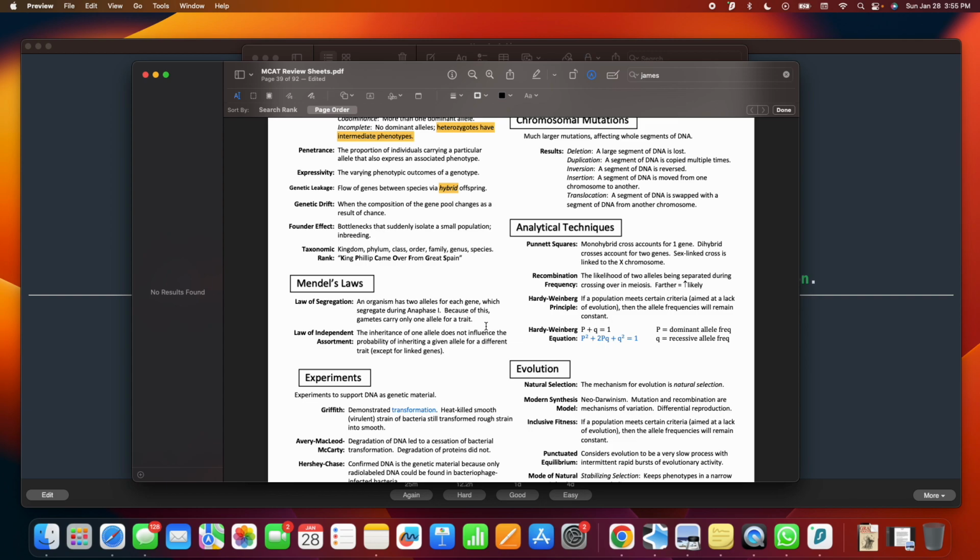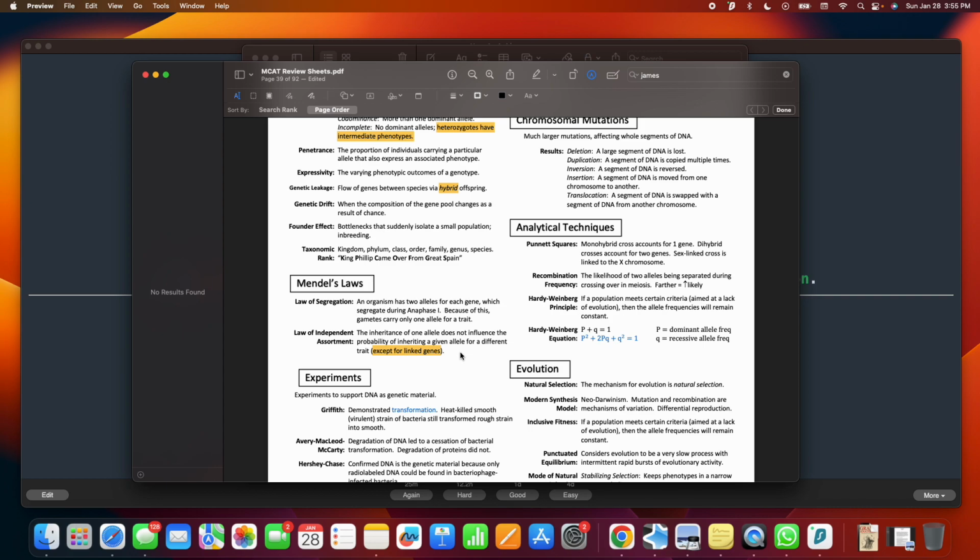The other one, law of independent assortment, is the inheritance of one allele that does not influence the probability of inheriting a given allele for a different trait, except for linked genes. Interesting. We'll dig into that, but I kind of understand this right now. When you inherit one allele, it is not having an effect on another allele.